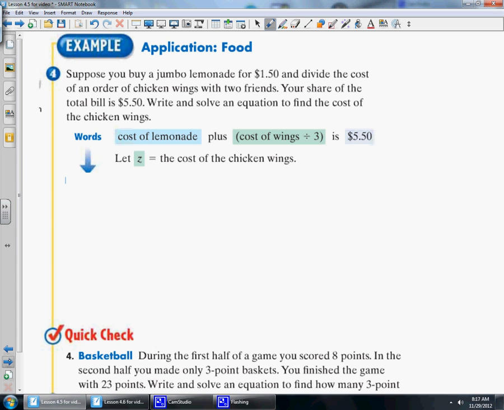All right, let's look at this last problem. Suppose you buy a jumbo lemonade for $1.50 and divide the cost of an order of chicken wings with 2 friends. So if you have 2 friends plus yourself, how many people are you dividing this in between? You are splitting with 3 people, okay?